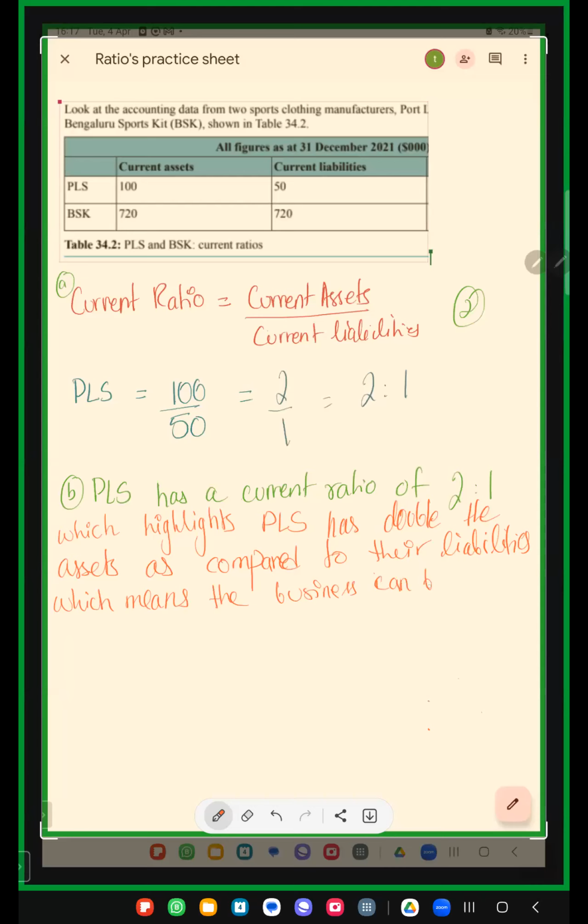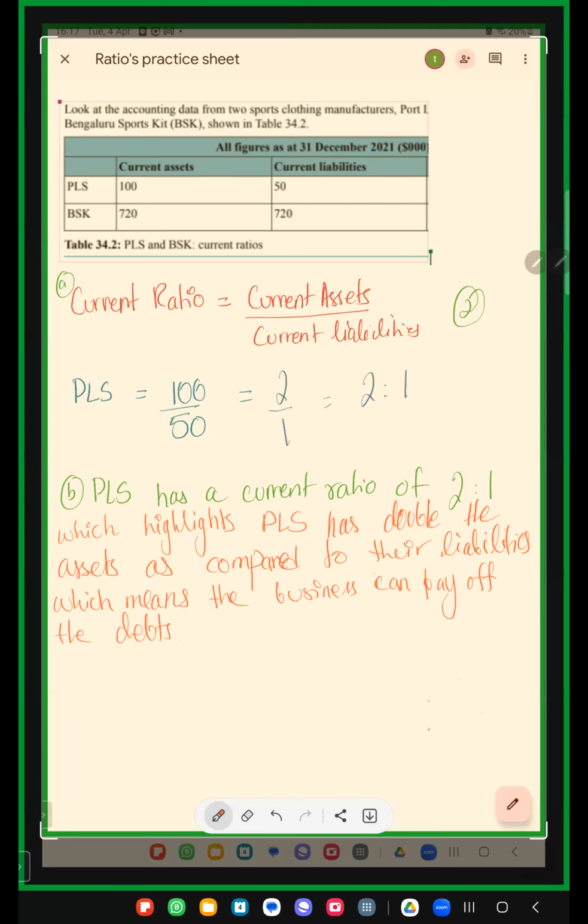Miss, what would the question be for letter B? Comment on the results from A. Could be as simple as that.